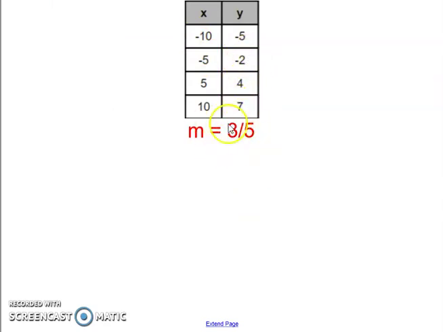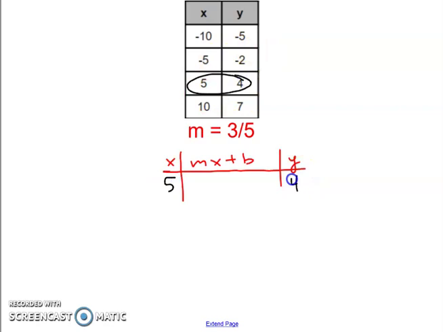I found my slope was 3/5, and I'm going to use that to fill in the rest of my rule. So I set it up. I'm going to choose any point I want. Let's go 5, 4 this time. Here's 5, here's 4.